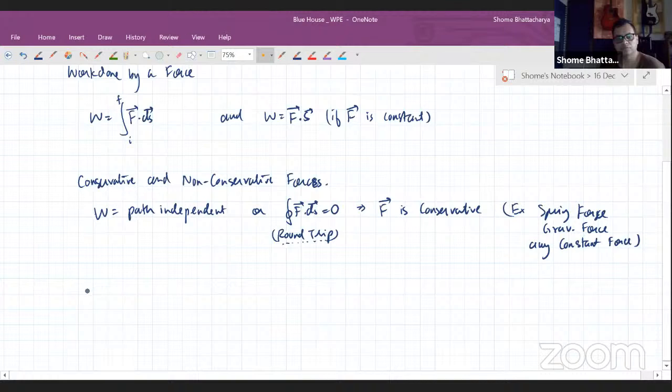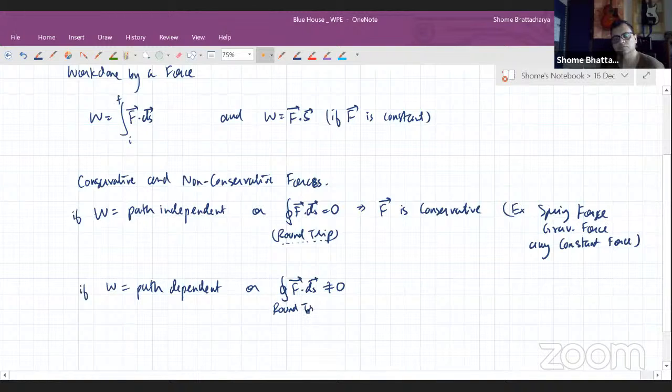Similarly, if work done is path dependent, or work done in a round trip is not equal to zero, that means the force is non-conservative. An example of that is friction, kinetic friction.